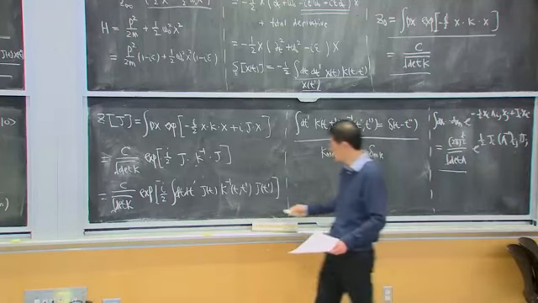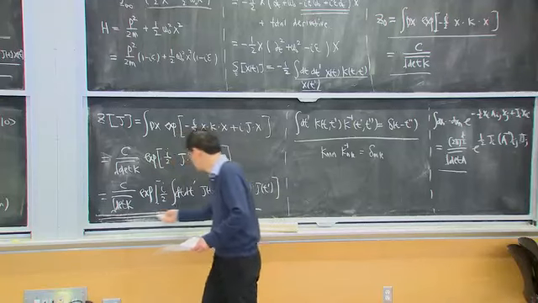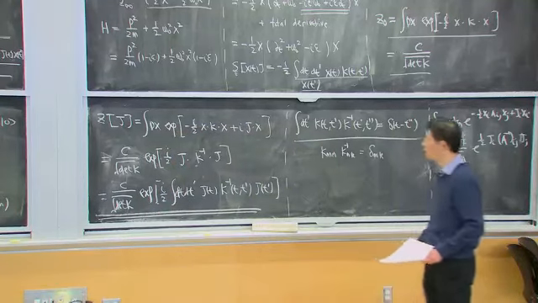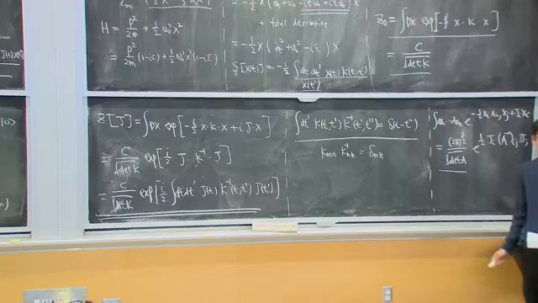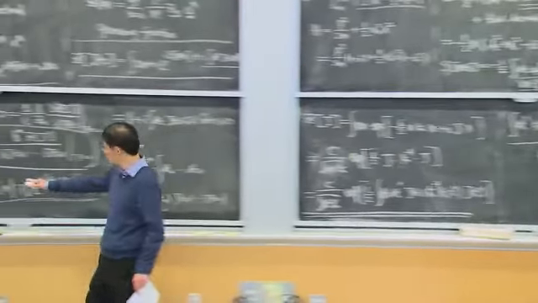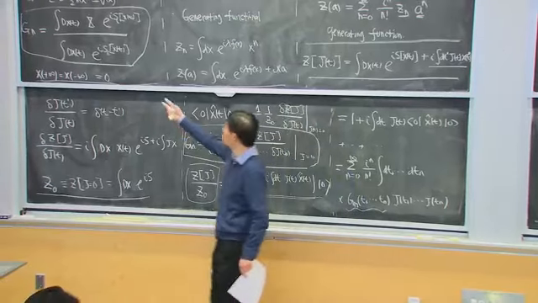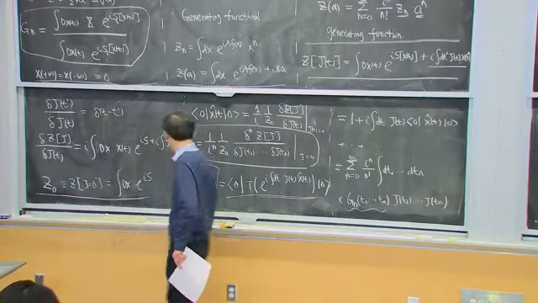And so this is the result for Zj. So now the physical object is Zj divided by Z0, because to get the expectation value, we always need to divide by Z0.